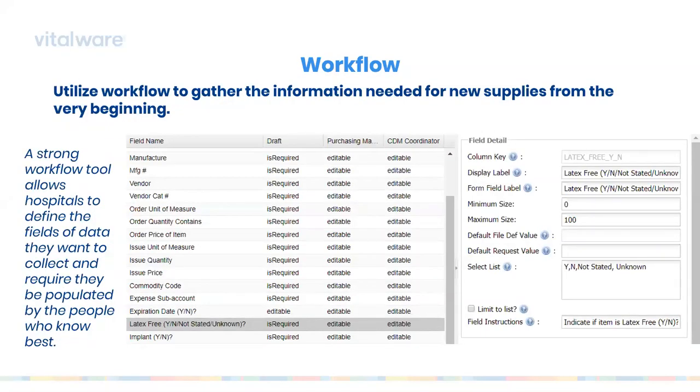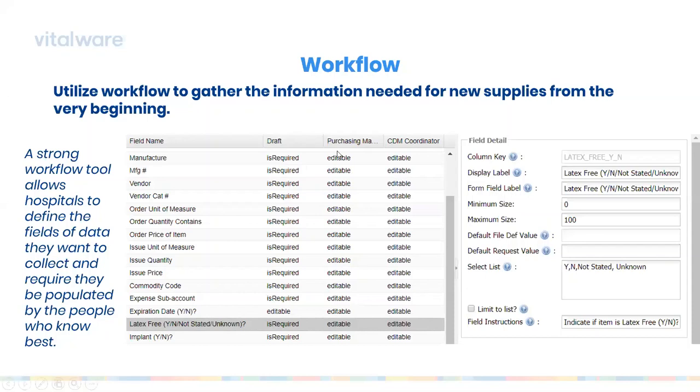This is kind of a little bit of a daunting page, but one of the things that I wanted to show you is the flexibility of a workflow tool should give you the ability to ask for the data that you need. So in this case, you can see a bunch of fields listed here. These are the fields that we are asking people to fill out before that information is passed forward.